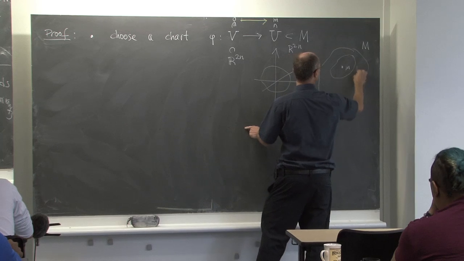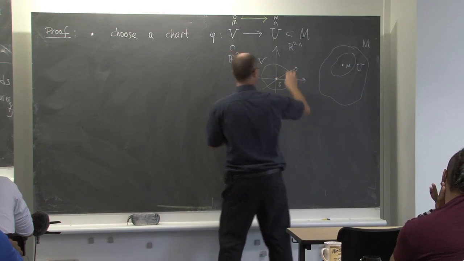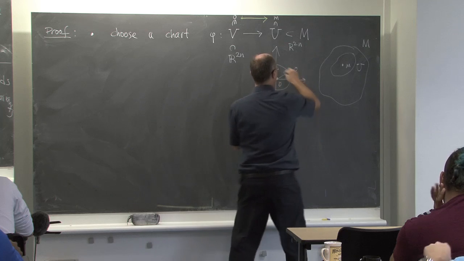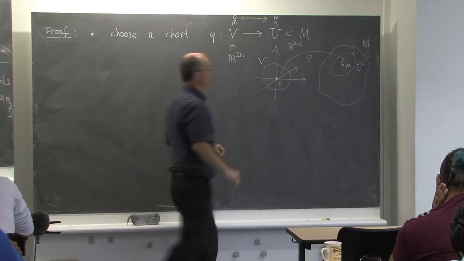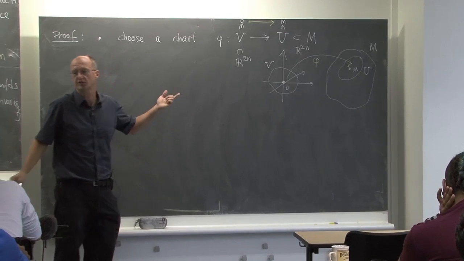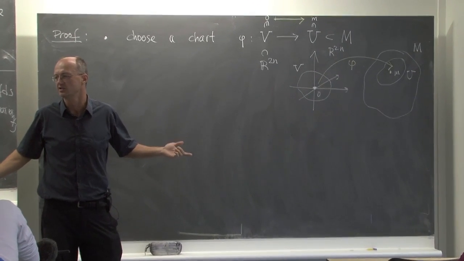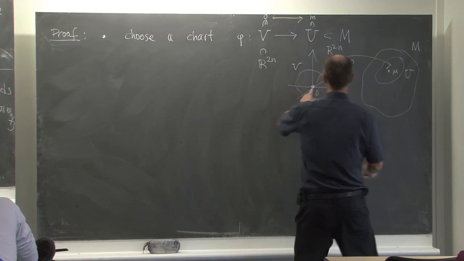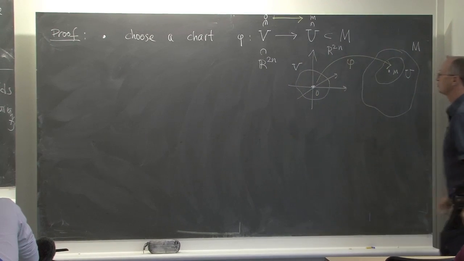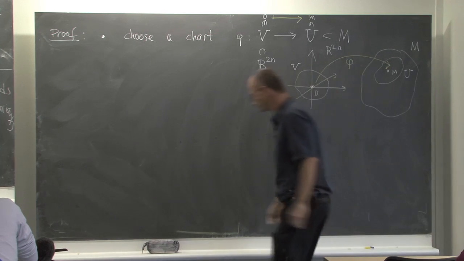So this is U, this is V, this is 0, and that's this map phi. That's how we think about smooth manifolds: they are covered by charts, and this is one of those charts. I assume that 0 is mapped to M, so my chart is centered at the point M.